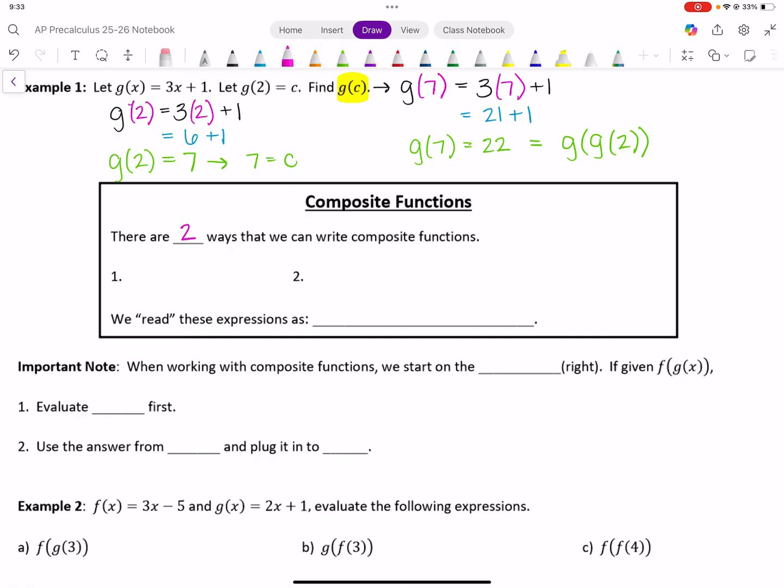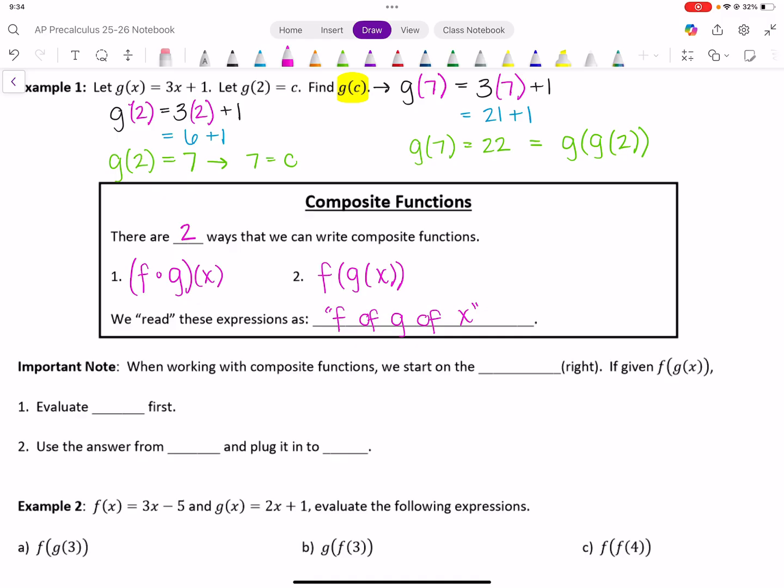There's one way that kind of looks like f circle g. So f of g of x. And similar to how I wrote it with g in our previous example, we could write it as f of g of x with parentheses instead of the circle. And both of those are read the exact same way, f of g of x.